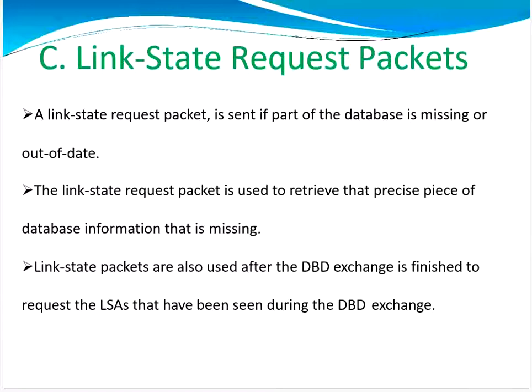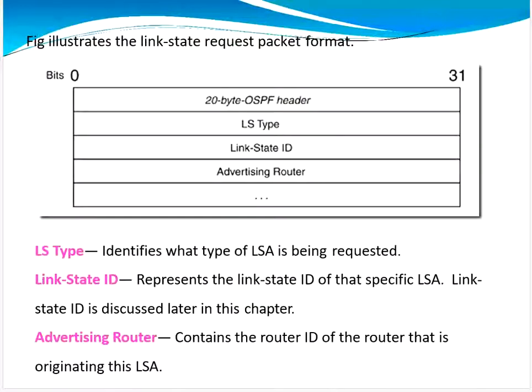Again, a link state request packet is generally used to retrieve the precise piece of database information that is missing. It is also used after the DBD exchange is finished to request the LSAs that have been seen during the DBD exchange. So this is the packet format of the link state request packet.